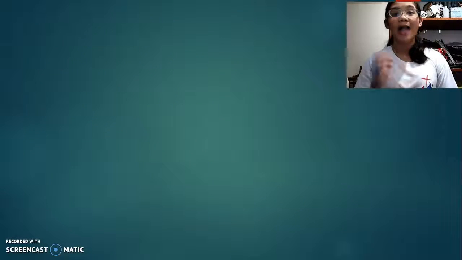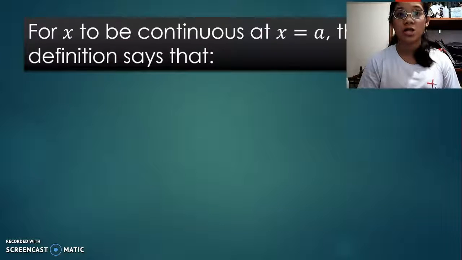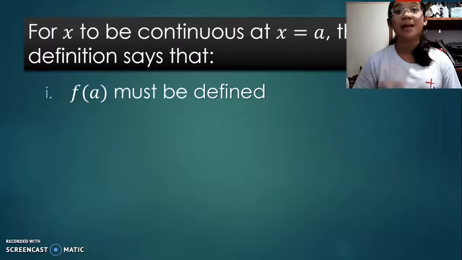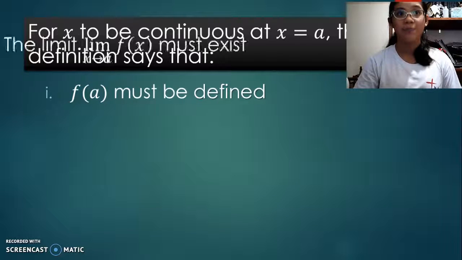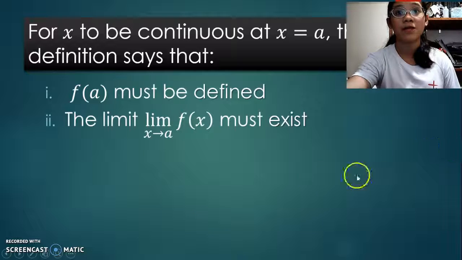Now let us narrow the definition. We are given three conditions. First, the value of f of a must exist. It must be defined. There shall be no indeterminate or undefined value of f of a. Condition number 2 states the same for the limit of the function of x where x is approaching a: the value of this must exist.